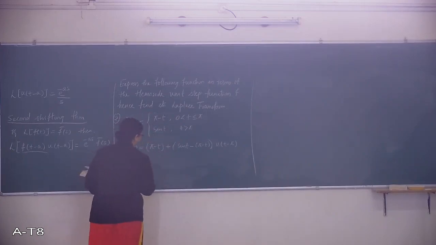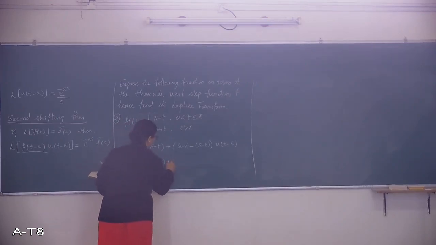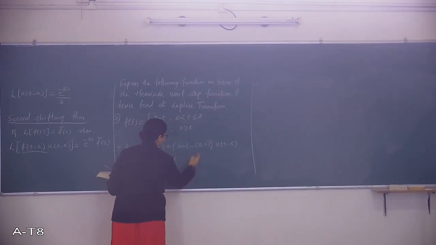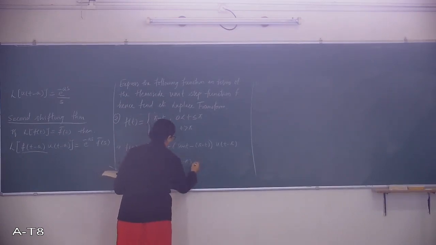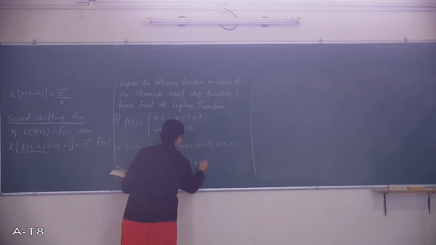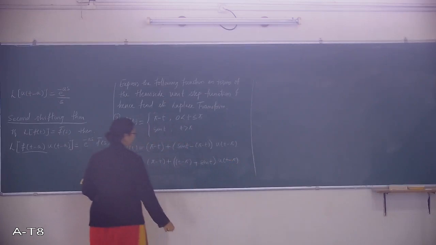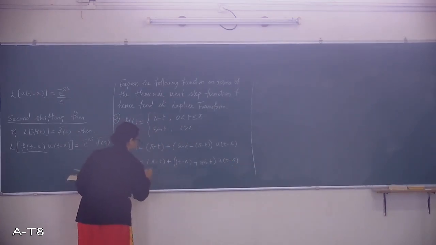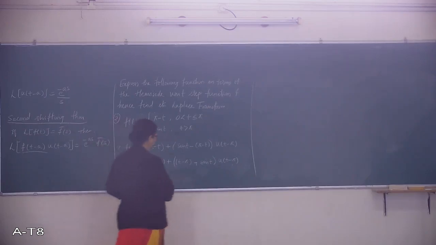So here if we go for next, this can be written as pi minus t plus, so here I write this as minus, that is minus of, if you take this here, so it will be t minus pi, okay, plus sin t, into u of t minus pi. Okay, now this is equal to, now we take Laplace on both sides.